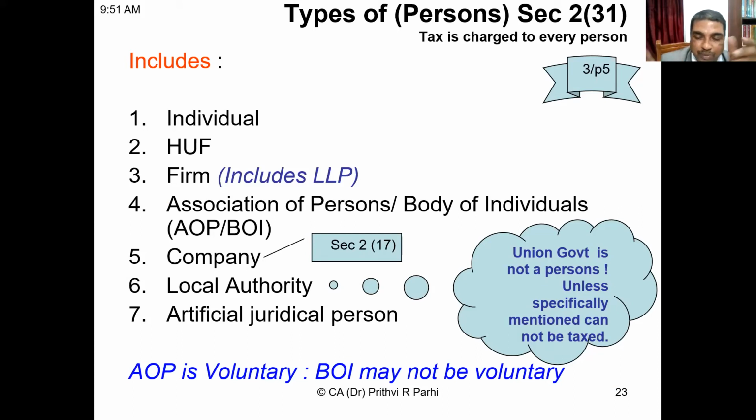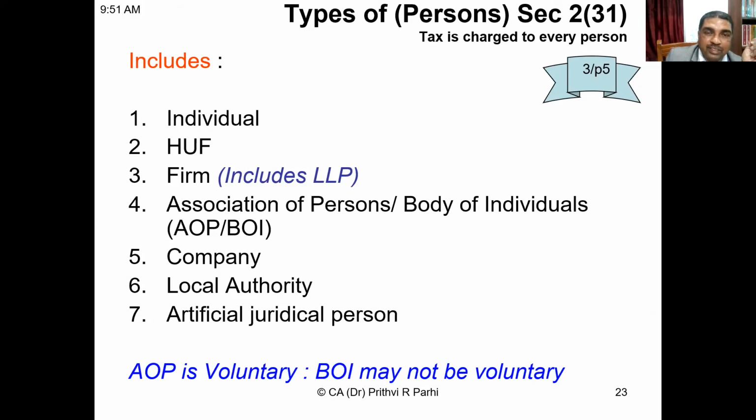But here, why I'm focusing on this particular word includes is that whenever you are reading a definition, please check what kind of definition it is. Is it an inclusive definition, an exhaustive definition, or both? If you keep this in mind, your learning and reading will become more effective. You yourself will be able to find out which word is important.